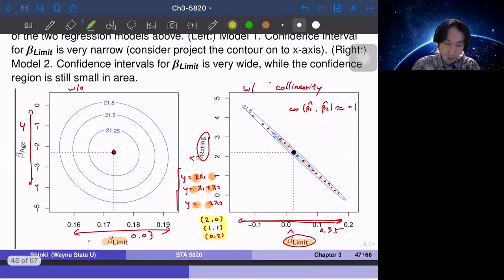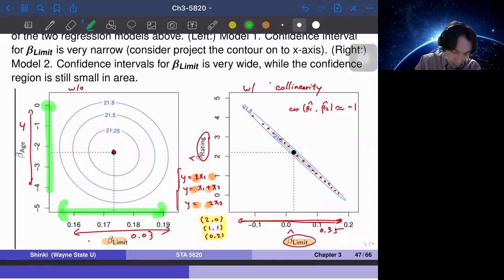And the situation is like this. We have estimated the standard error for beta hat, so we are seeing just one parameter at a time, just the width of this interval or this interval.